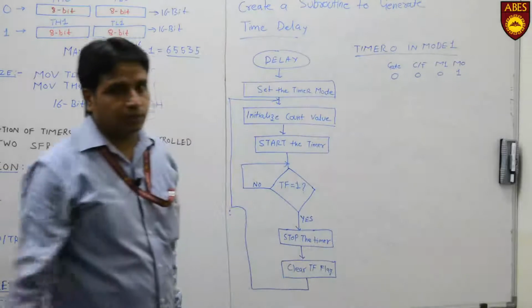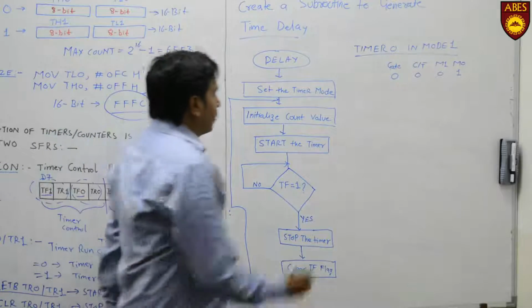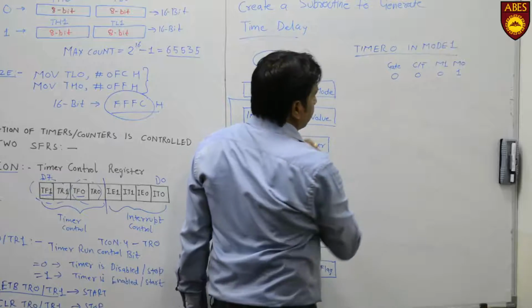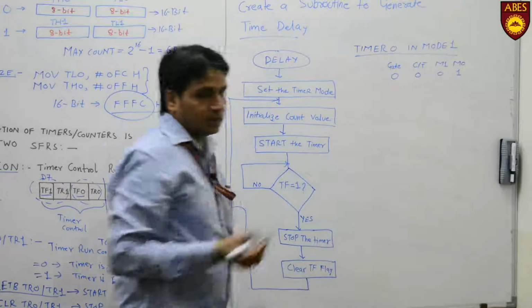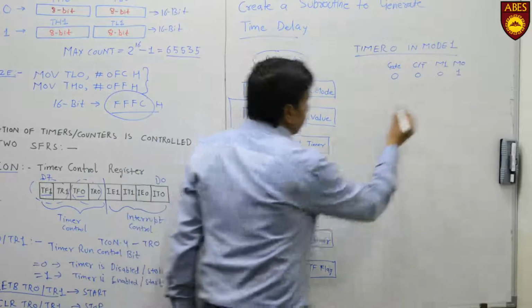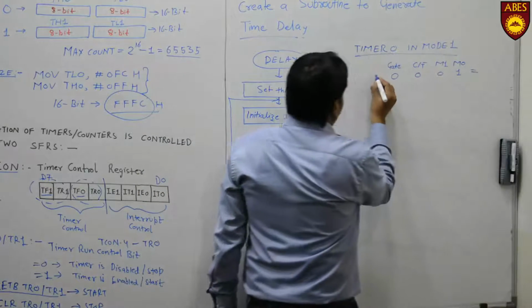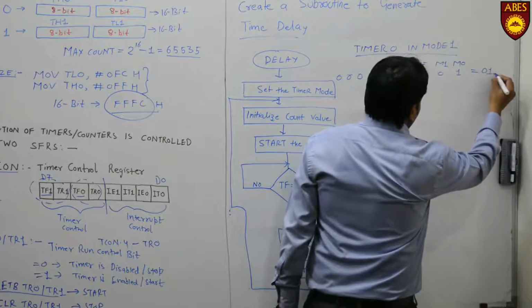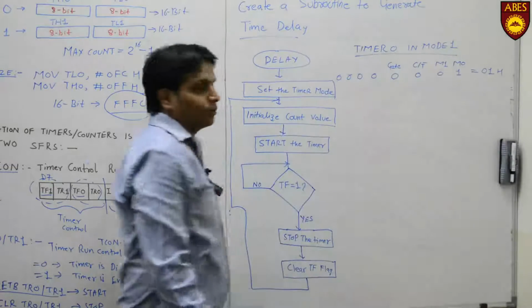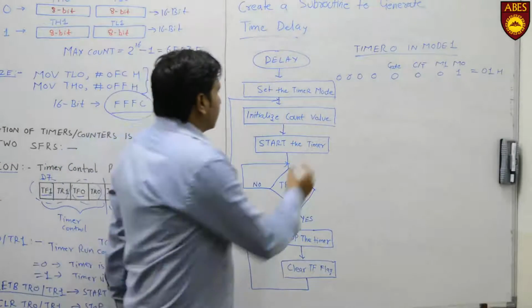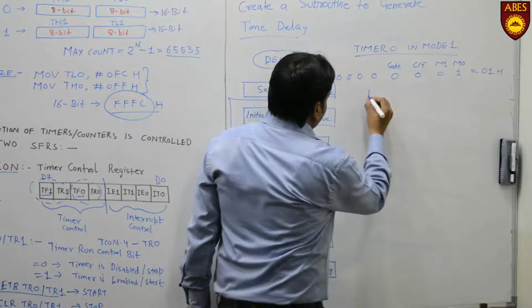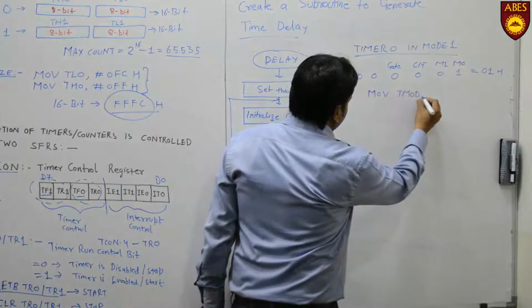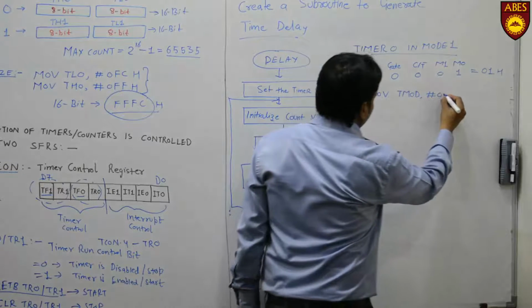That's why the value of gate will be 0, and we are not concerned with the upper 4 bits that are used for timer 1. These are don't care for us, so we take them as 0, 0, 0, 0. So we get the value 01H. This is the value of the TMOD register. Then we will load this value in the TMOD register using the instruction MOV TMOD, #01H.